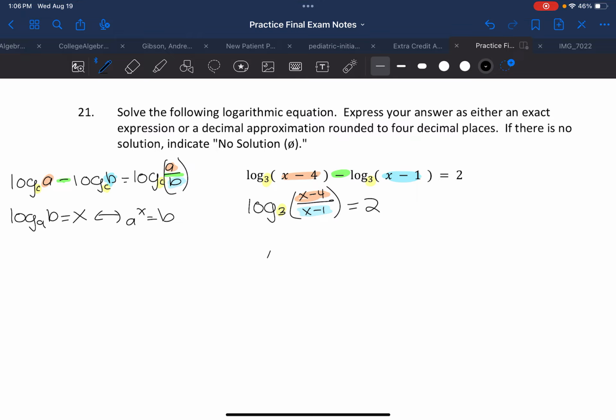So I start with my base of 3. I raise it to the power of 2. And then it's equal to everything inside.